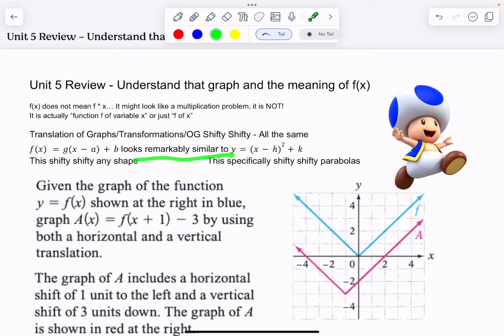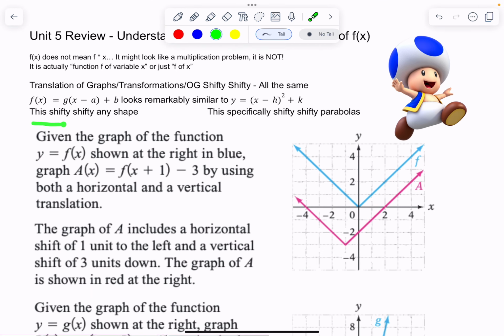That looks remarkably similar to something that we've been doing so often: y equals x minus h squared plus k. This is the game of shifty shifty. The only difference here is you're basically just shifting it from the origin, which is actually what you've been doing this whole time. This is the shifty shifty of any shape. This is specifically dealing with parabolas.